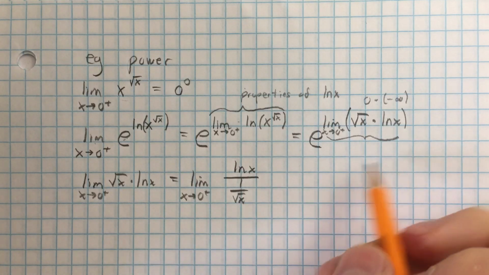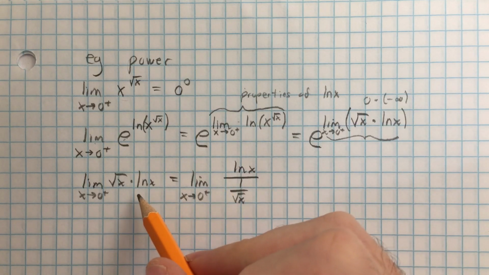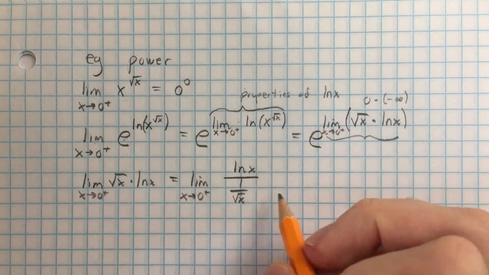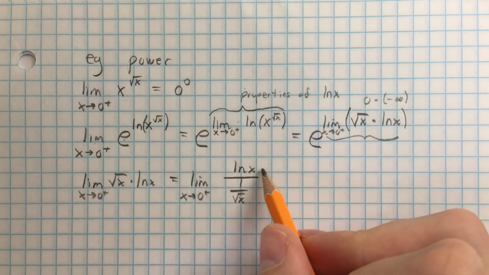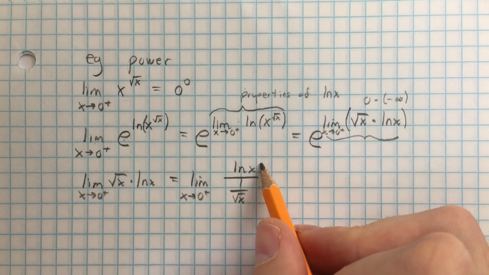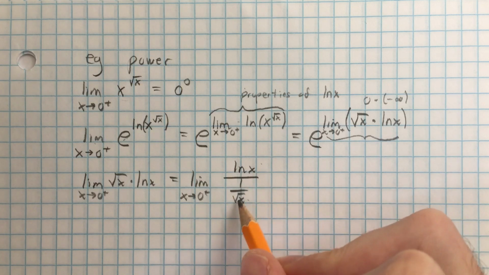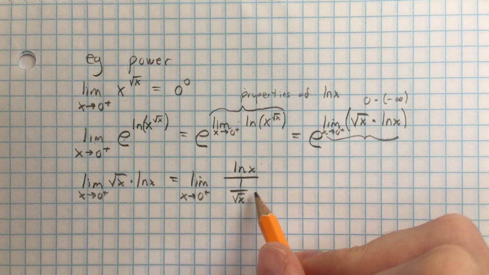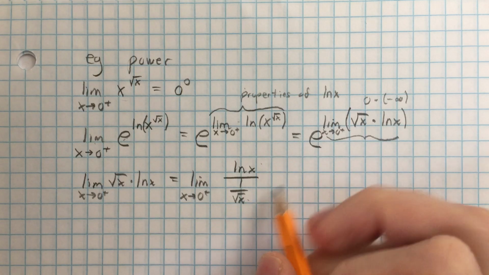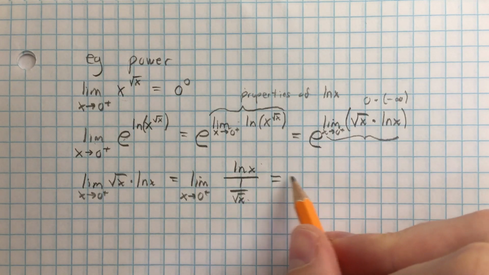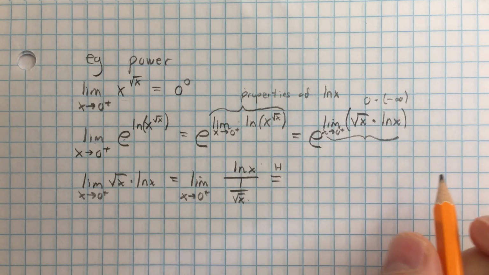Okay. That should be the same as what we did with the indeterminate product in the previous example. So now we see this is a negative infinity over positive infinity, right? The whole denominator, 1 on root x, is the positive infinity case. So this is an indeterminate quotient, and I can now finally apply L'Hopital's rule, which is what we're really going for. Okay?